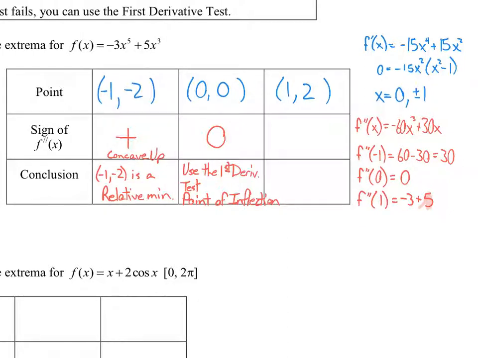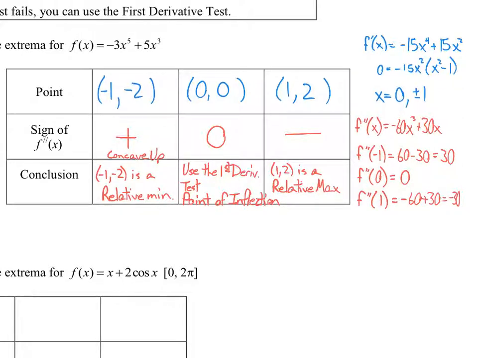F double prime. There we go. So we're getting a negative 60 plus 30, which is a negative 30. All we really care about is the fact that that's negative. So that means that the point at x equals 1 is a relative max. Good. And that's all there is to the second derivative test.